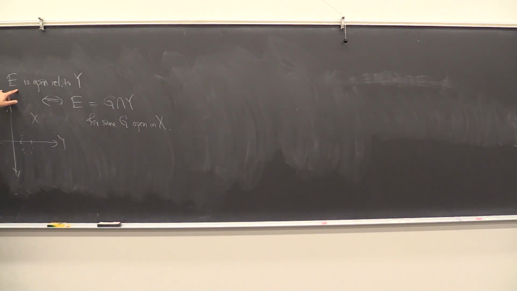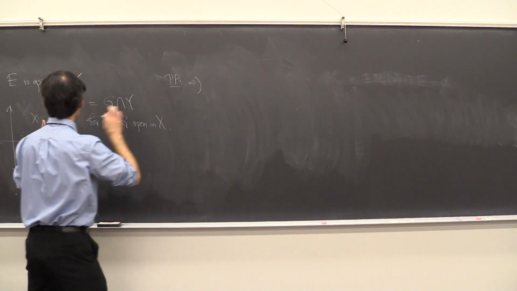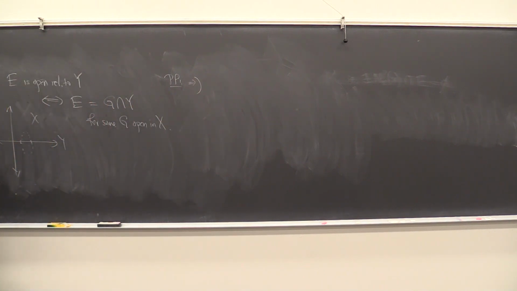If you're open relative to Y, what does that mean? That means that every one of your points is contained in an intersected open neighborhood. So going forwards, this is pretty much straightforward. The proof of this is, as you might expect, pretty straightforward.